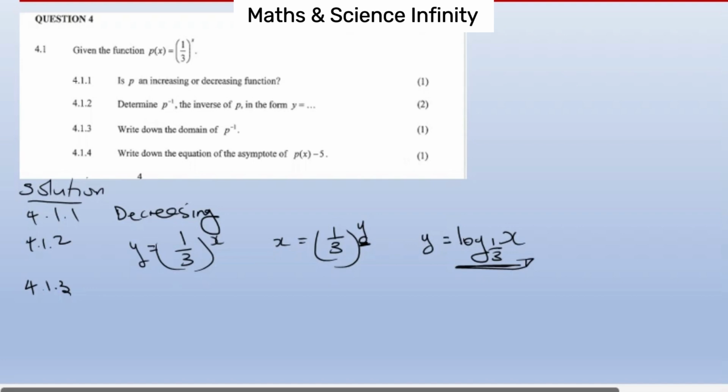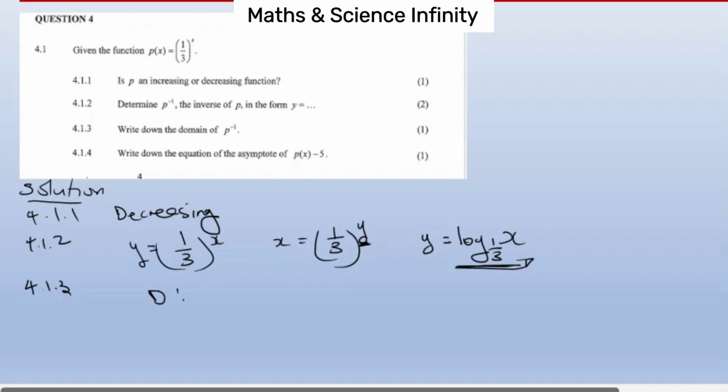In this function we are not given any shifts, meaning that the asymptote in this case will be y equals 0, which is the horizontal axis. That line is going to be our asymptote.